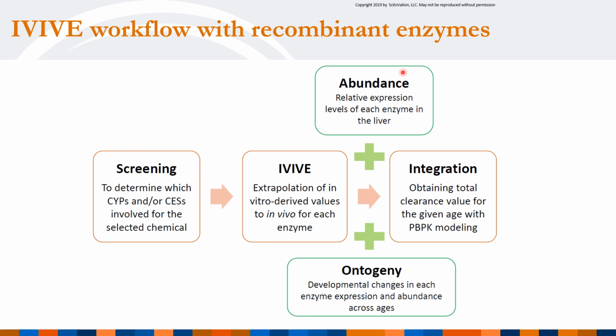Then we use the abundance, which is the relative expression level of each enzyme in the liver, and we combine it with the ontogeny, which is the developmental changes in each enzyme's expression and abundance across ages. We integrate all of this to obtain a total clearance value for the given age that we can input in the PBPK model.